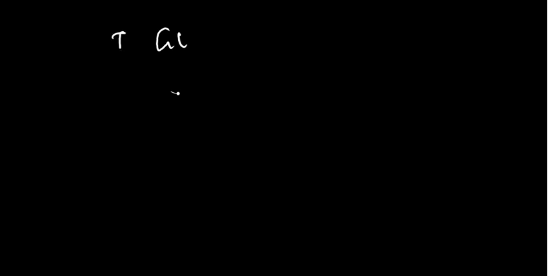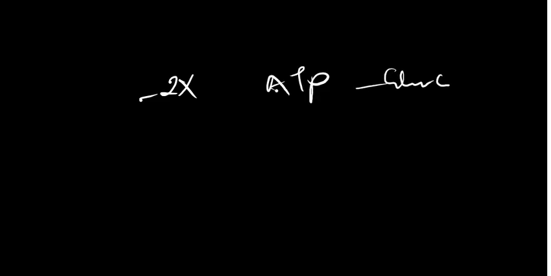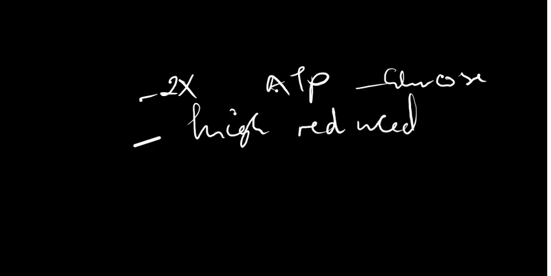So these triglycerides produce about 2 times the amount of ATP as compared to glucose. This is because they are highly reduced. That's the reason. So why exactly does the body store fats in the first place?